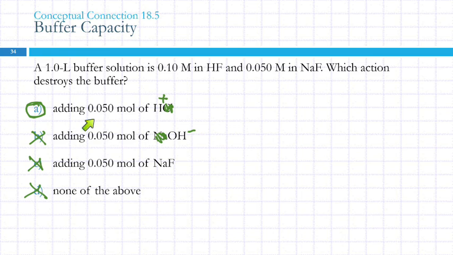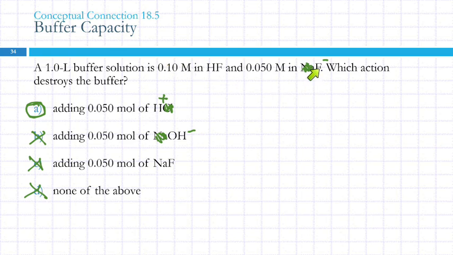Okay, so A is the correct answer because of adding hydrogen ion. There are two parts of this buffer, right? This is the acid and this is the conjugate base. Again, let's just cross him out. The sodium's not doing anything, right? So there's this F minus. When we add H plus, it's not going to react with an acid.